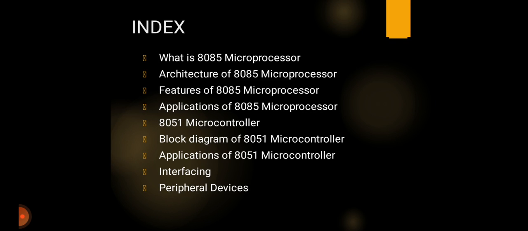In this lecture, we are going to discuss these topics: what is the 8085 microprocessor, architecture of the 8085 microprocessor, features, applications of microprocessor, and also we will study the microcontroller 8051 with block diagram, applications, and interfacing concept and peripheral devices.